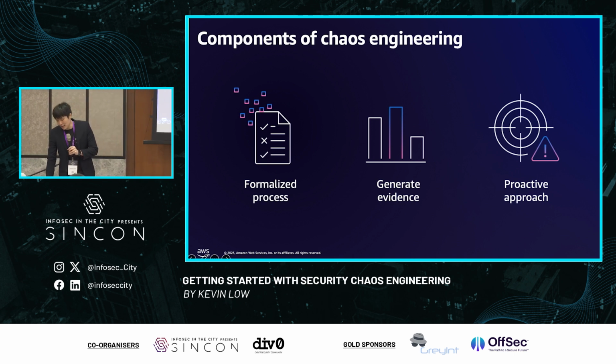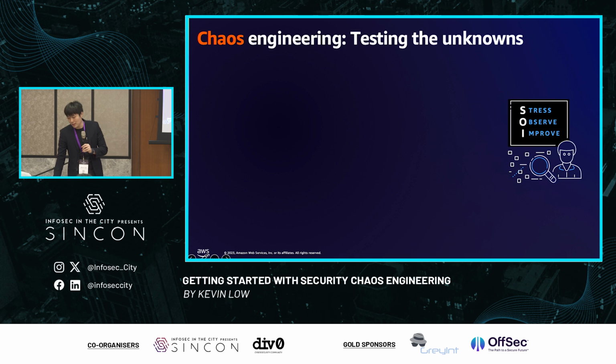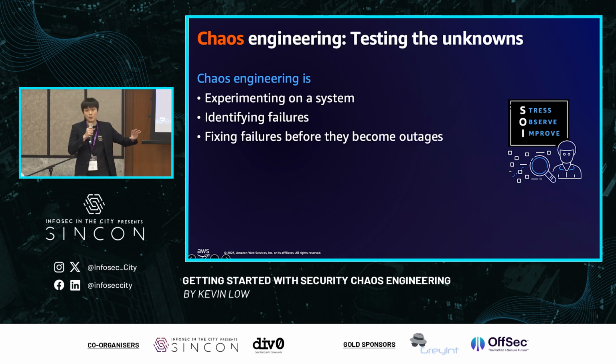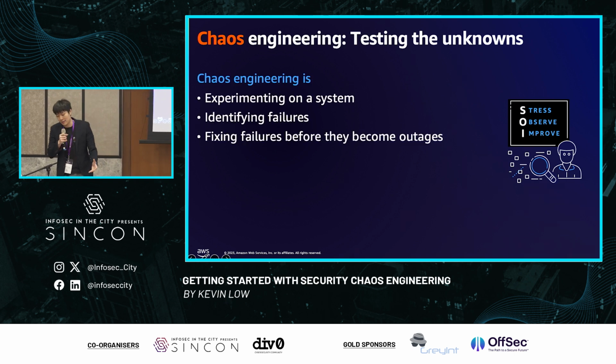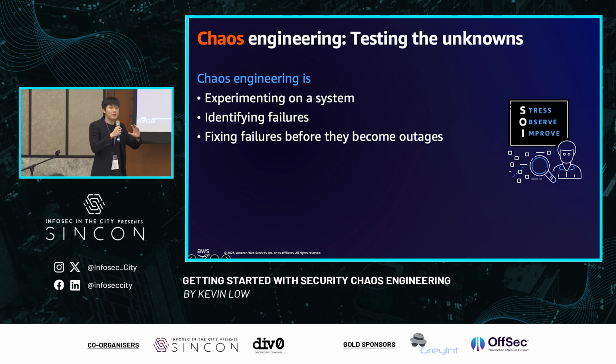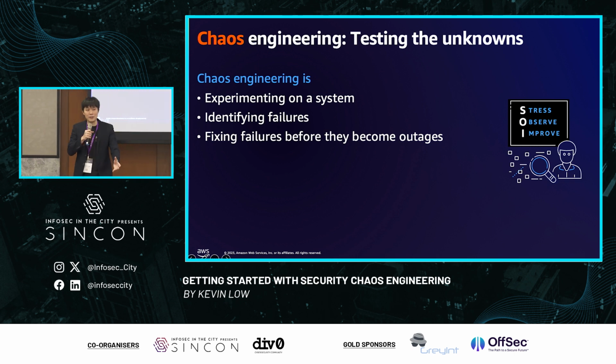Okay, so why the big difference between chaos experiments versus just simply testing, right? When you're testing, you kind of know what the outcome is supposed to be. Like let's say you run a unit test on a piece of code. You know that the unit test is supposed to pass with this output.